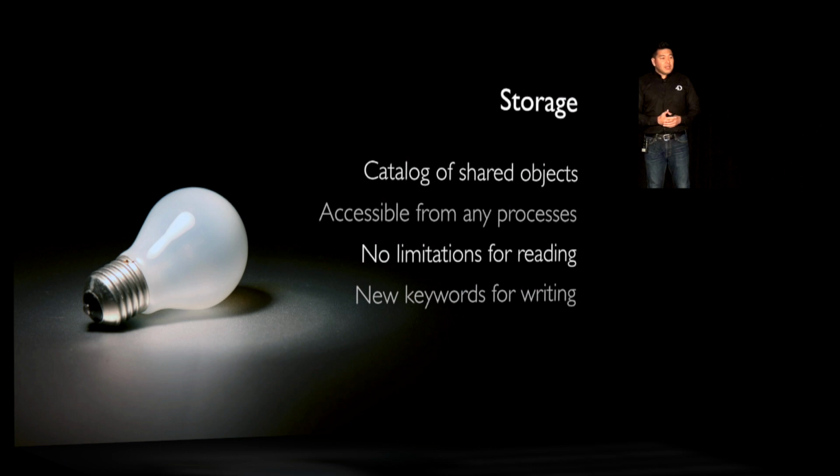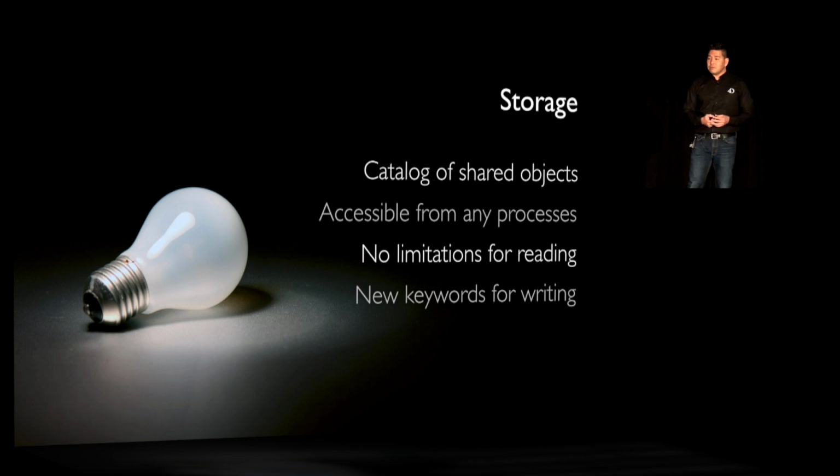The only time that you have to ask 4D for permission, because we want to avoid contention, is when you want to make modification or write to your storage. And that's through the execution of the Use keyword.